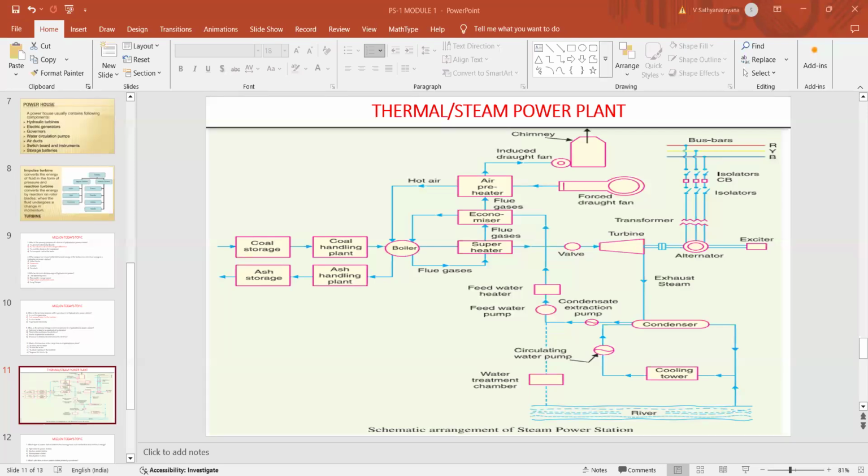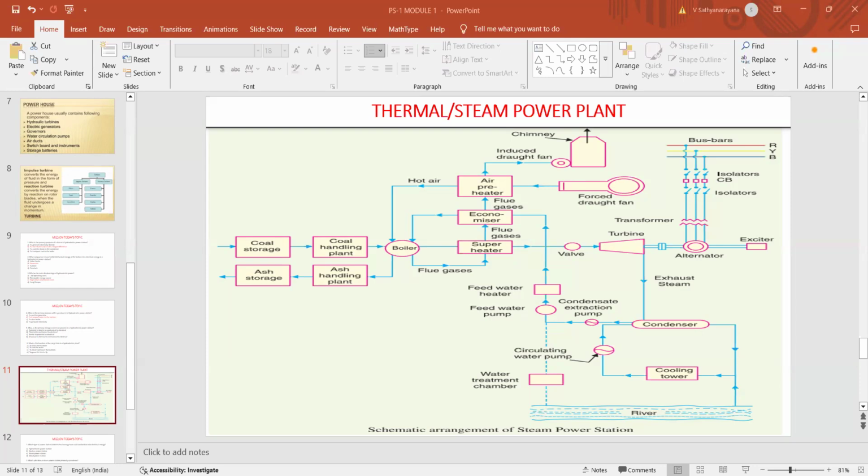Let us take an example of a 100 or 200 megawatt thermal power station operating at a certain load factor, some 50% or 60%. Then typically it will take around 20,000 or 25,000 tons of coal for 30 days, I am talking about a month.